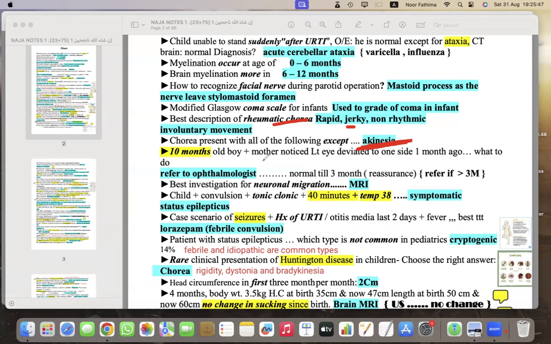Next, a 10-month-old boy. Mother noticed the left eye deviated to one side 1 month ago. What to do?